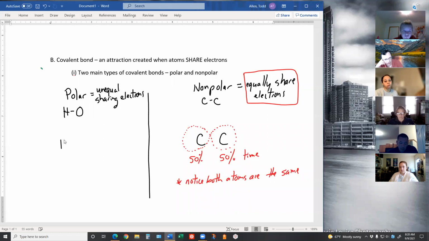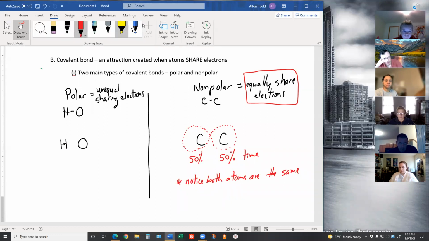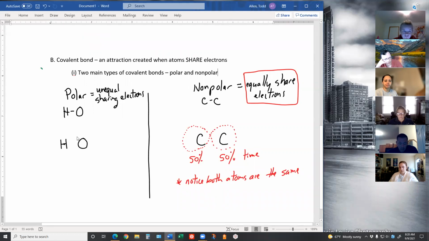If I have a hydrogen atom here and an oxygen atom here, this is roughly what I'm talking about. It would look like this. I'm about to trace the motion of the electrons being shared between the hydrogen and oxygen. Here we go.